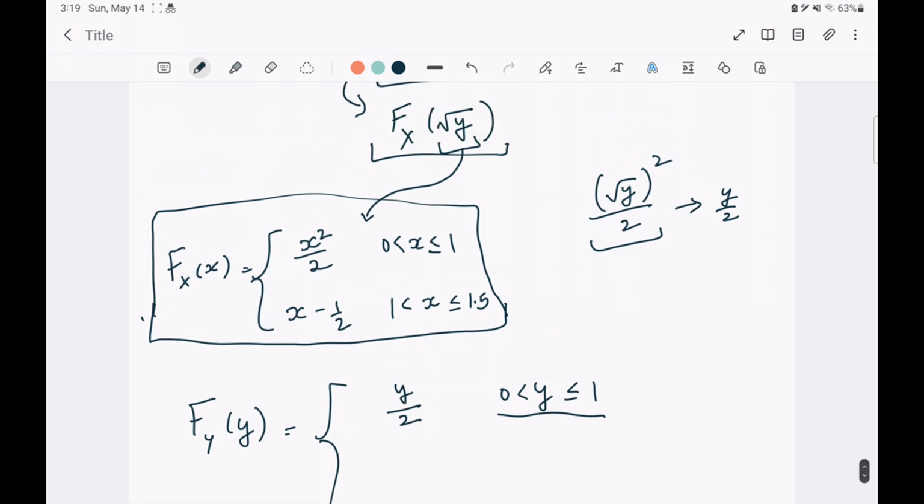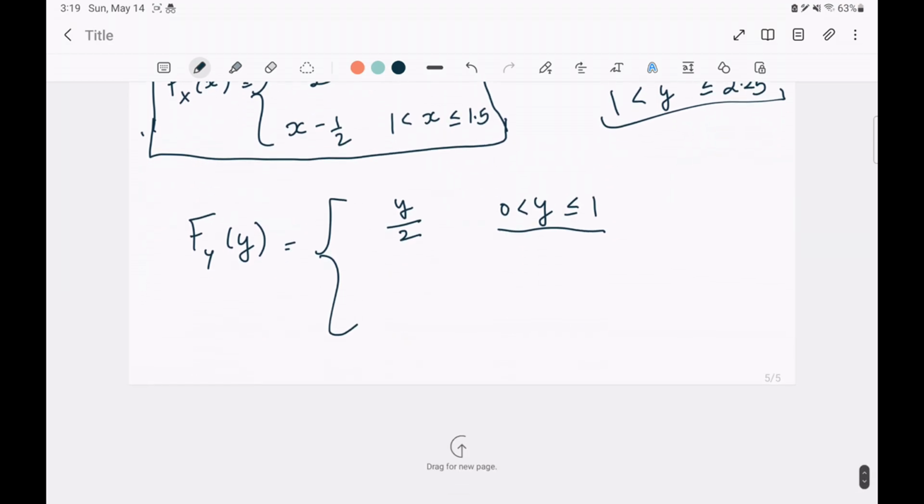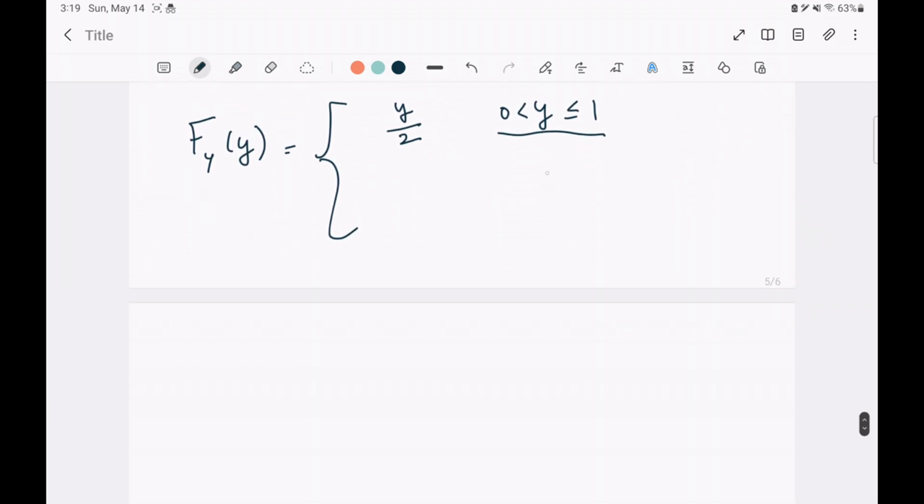Now for the range where x lies between 1 and 1.5, y would lie between 1 and 2.25. So y greater than 1 and less than 2.25.